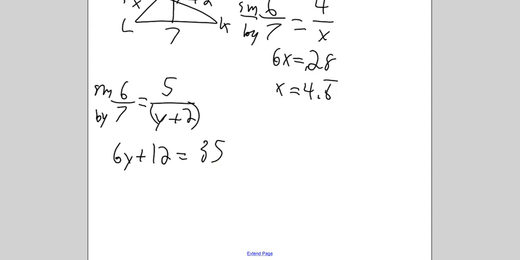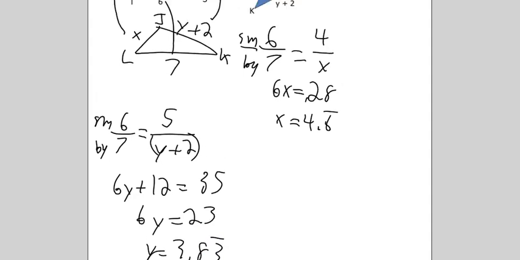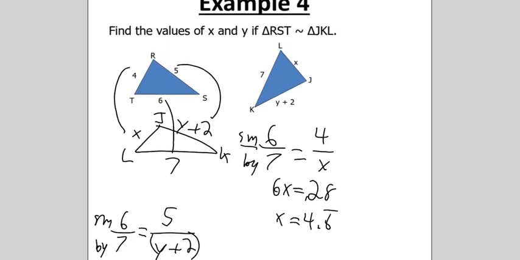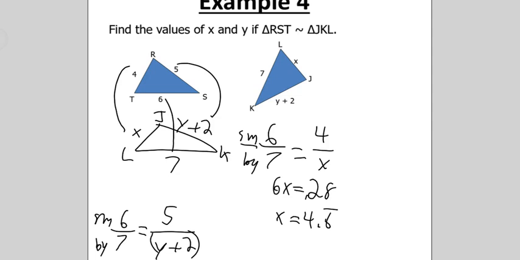I subtract 12, 35 minus 12 is 23. Then I'm going to divide by 6 and get y equals 3.83 repeating, which would make that side 5.83 repeating.